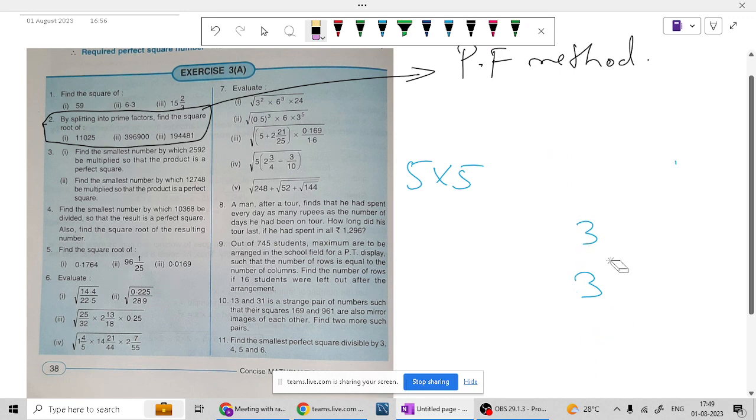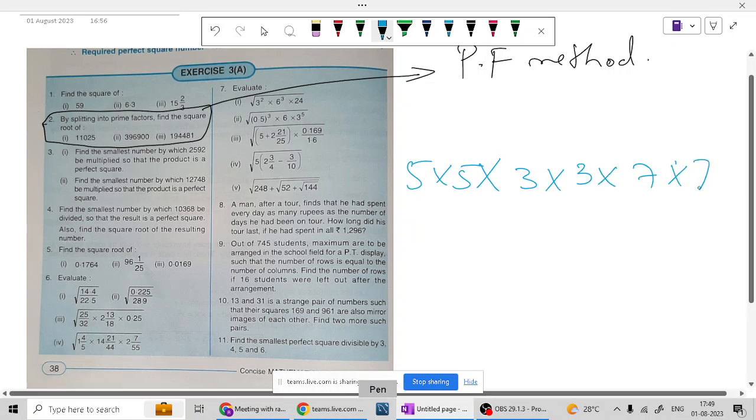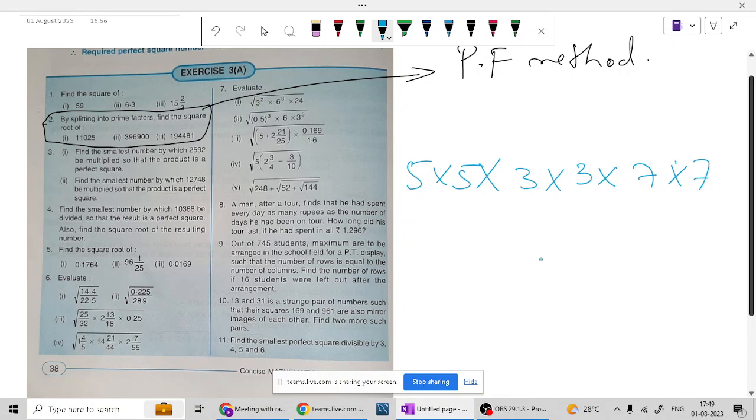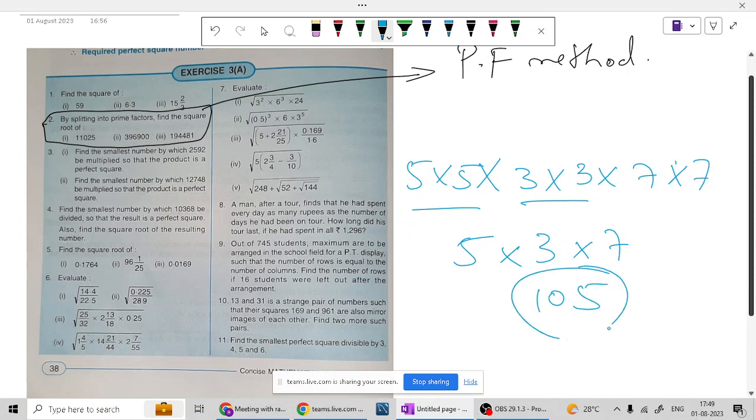So whatever values you get, we have to just take it once. 3 into 3, 7 into 7. So what's the final answer? 5 into 3 into 7. What's the square root of 11025? Yeah, 105.